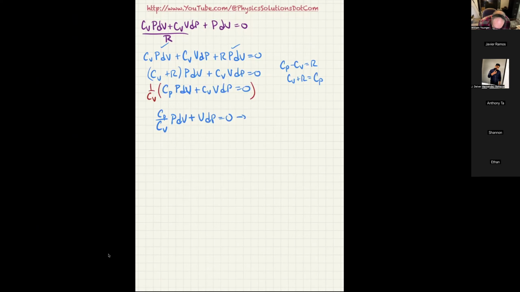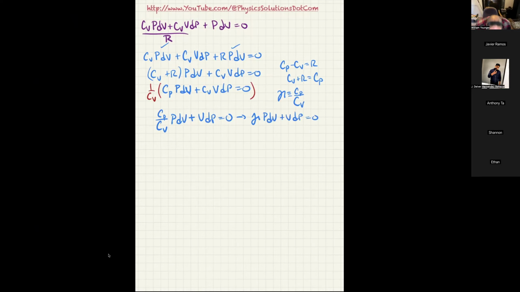Now we can simplify this by defining that quantity CP over CV. That's going to be our definition of gamma. So now we're going to say gamma P dV plus V dP is equal to 0.